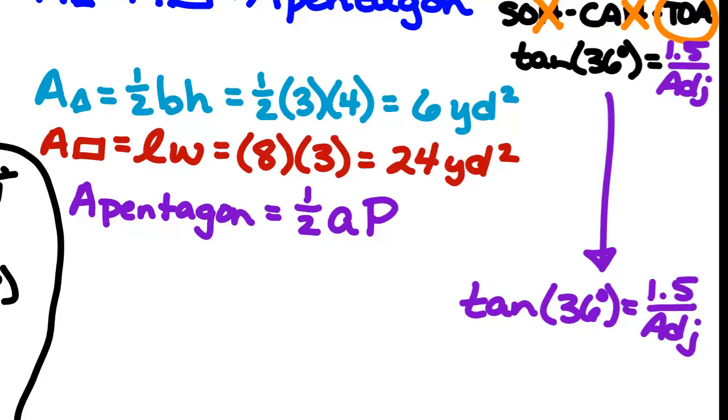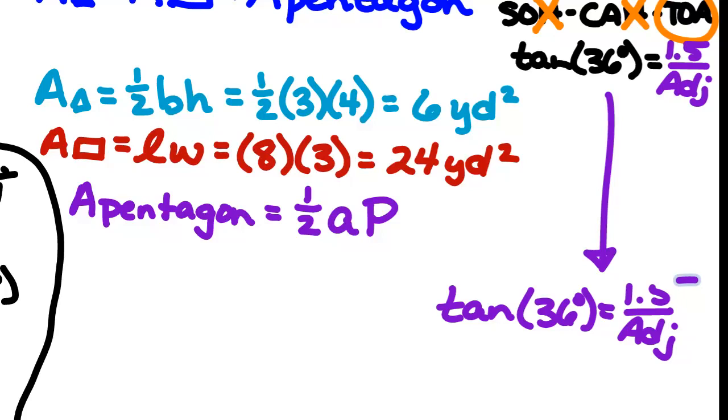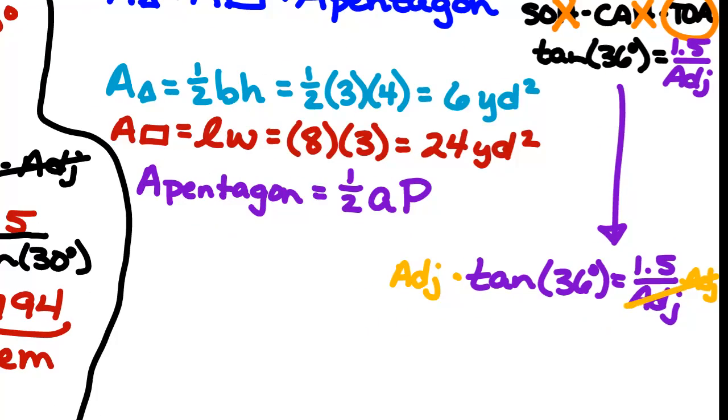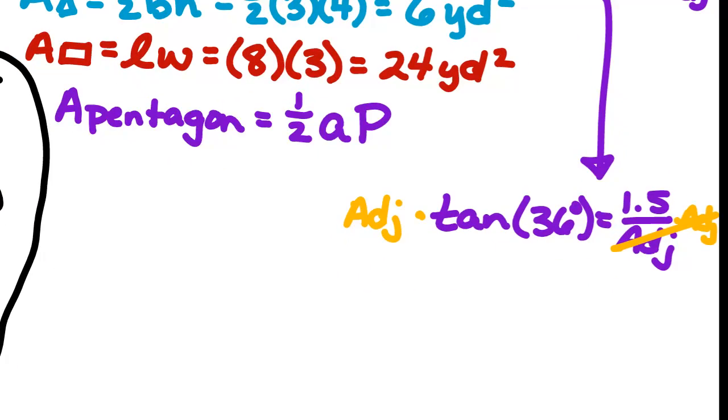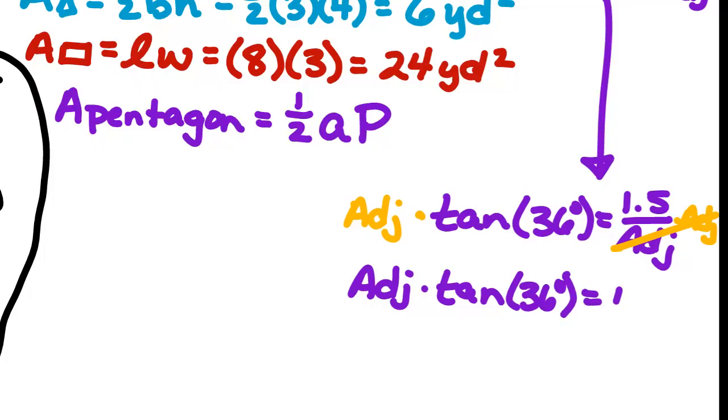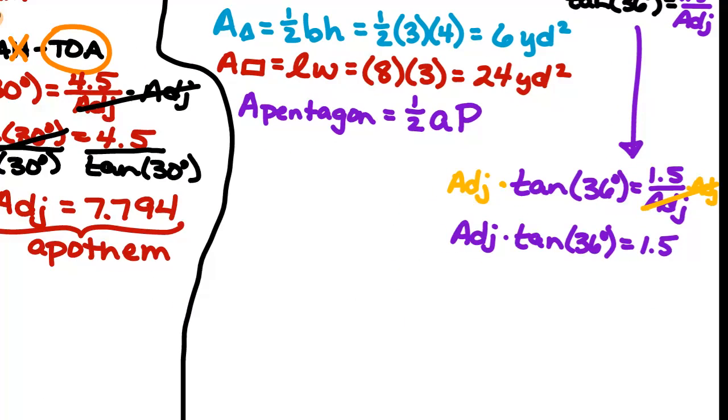What would I need to do now? Multiply by the adjacent side on both sides, yes. It's going to cancel out my adjacent side over there on the right. So then I would have adjacent times tangent of 36 degrees equals 1.5. Now what do I do?